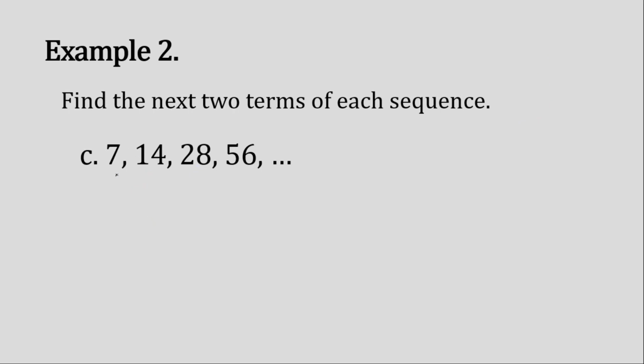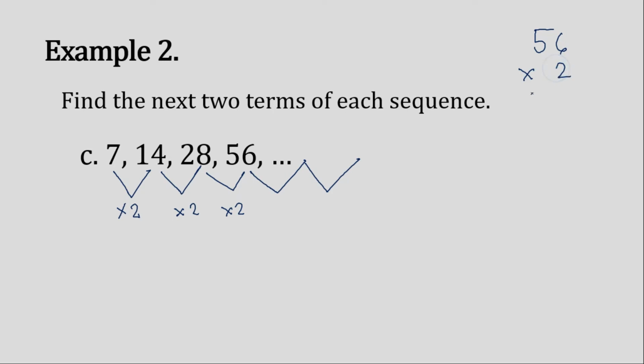Now let's try another way. What are we going to do to 7 to make it 14? We can multiply it by 2. 7 times 2 is 14, 14 times 2 is 28, and 28 times 2 is 56. So we have a common pattern of multiplying by 2. Now we compute 56 multiplied by 2, which is 112.